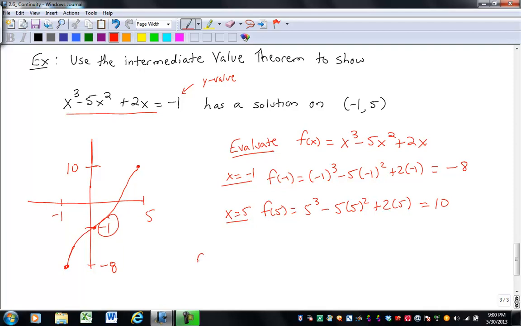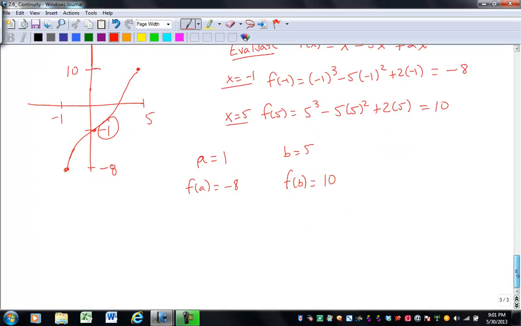So that means a is like the number negative 1 and b is like the number 5 in the way that this is set up. And f of a is the number negative 8 and f of b is the number 10. That's the y value at a and b. F of a is f of negative 1 and f of b is f of 5.